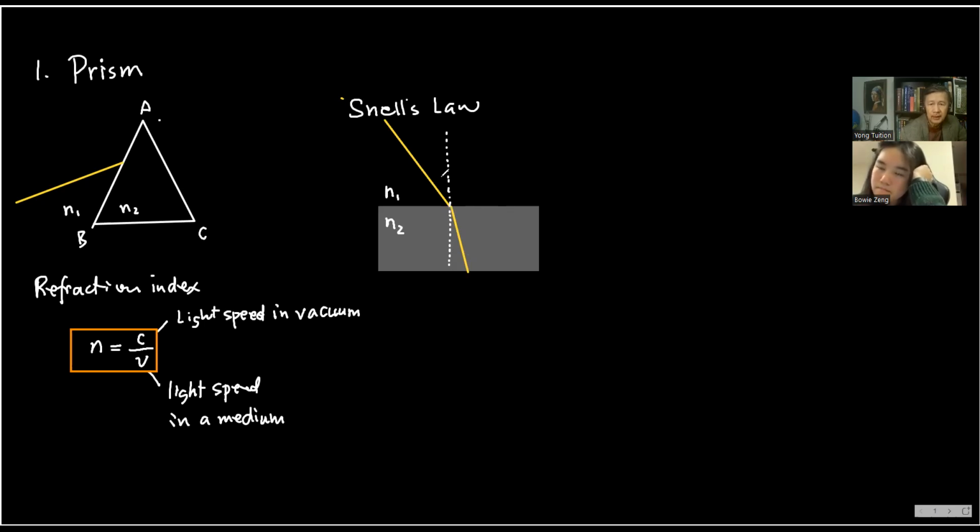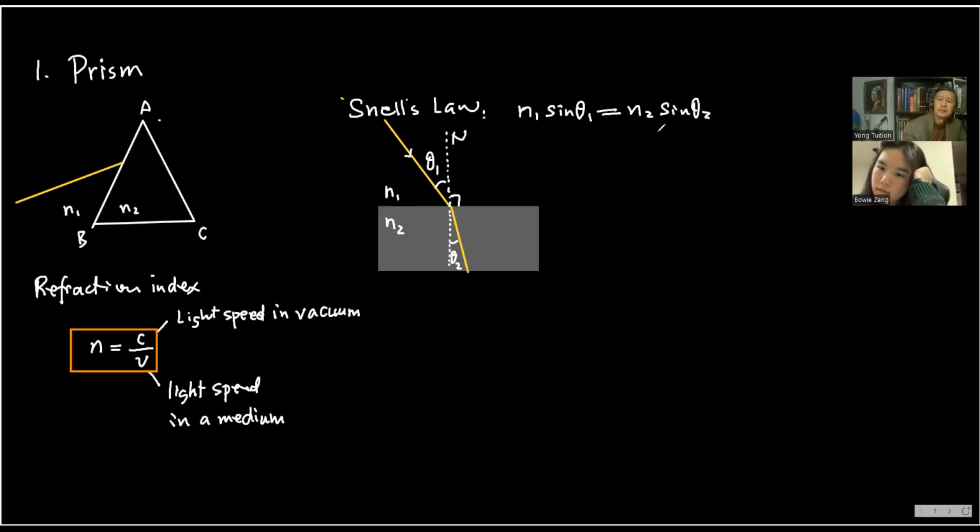There's a simple law called Snell's law. I use theta 1 here, and this is theta 2, right? And this is the normal direction. Can you see? This is not a force, just the normal direction, which means this is perpendicular. So Snell's law says that if you multiply N1 by the sine of this angle theta 1, then it will equal N2 sine theta 2.